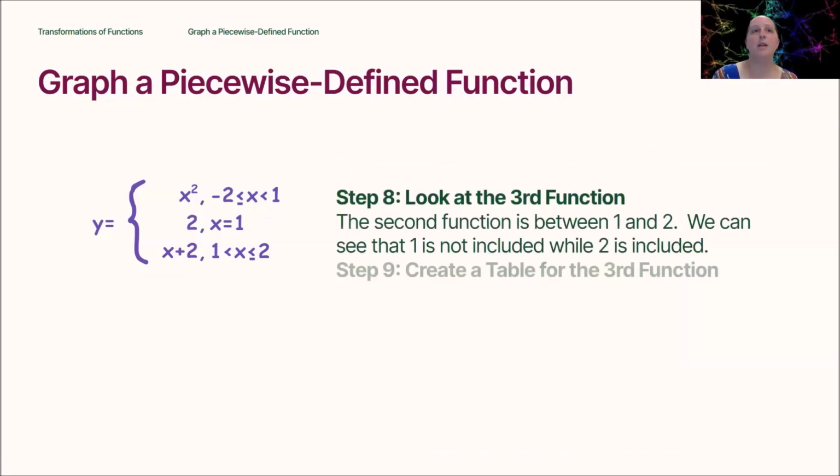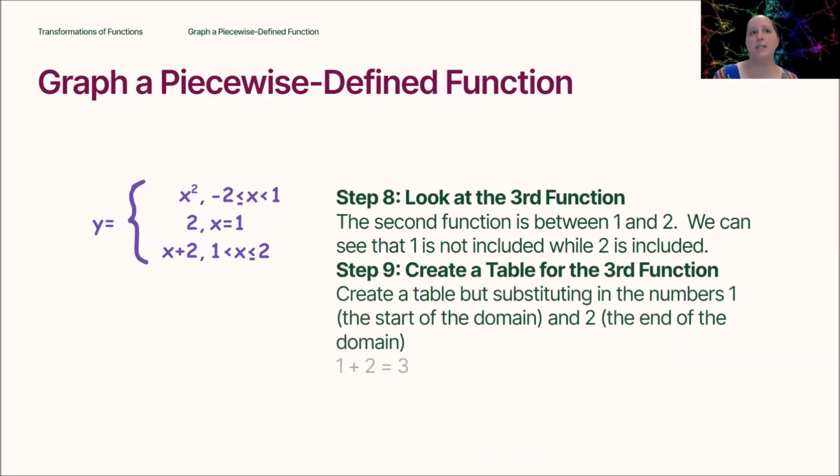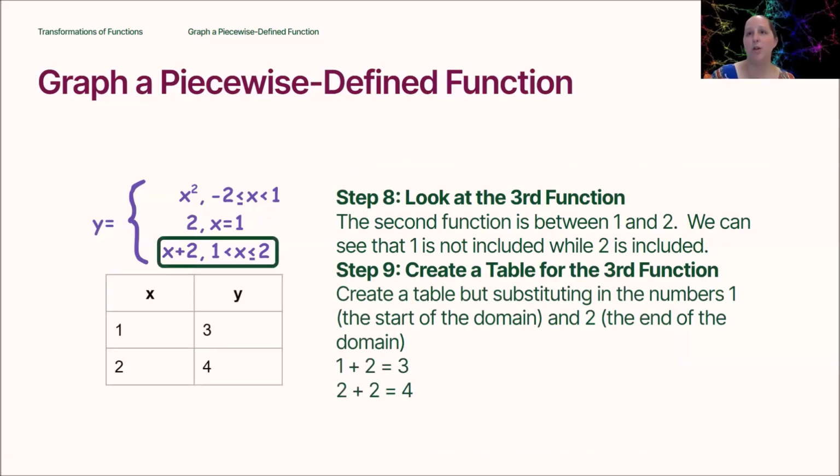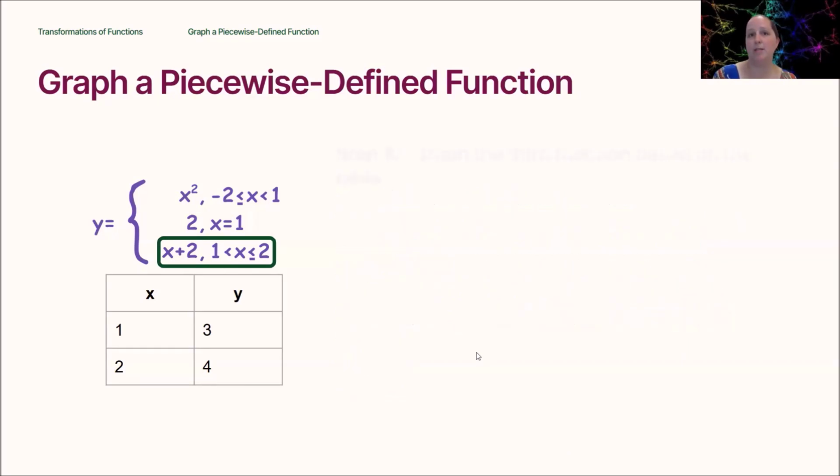Okay. Now I'm going to look at my third function. Okay. This third function is between 1 and 2. Okay. So again, I'm going to create a table for that third function. I substitute my values in for x. So 1 and 2. In this case, 1 plus 2 gives me 3, and 2 plus 2 gives me 4. Okay. Notice that 1 is not included, but 2 is.